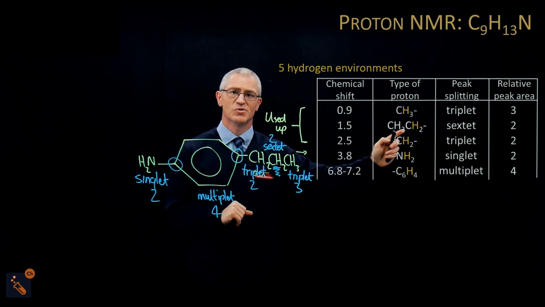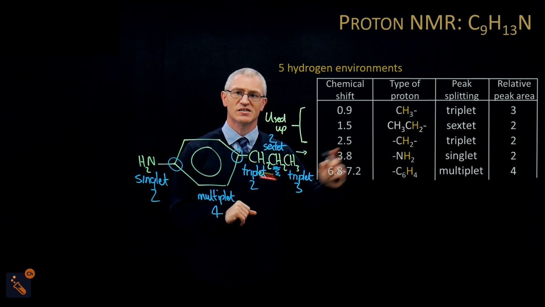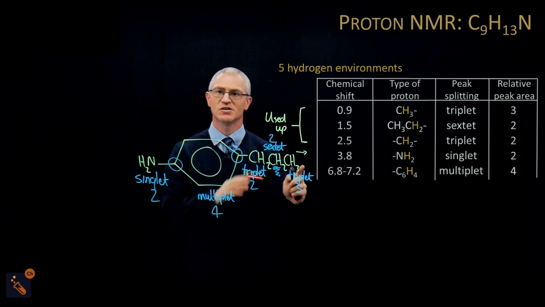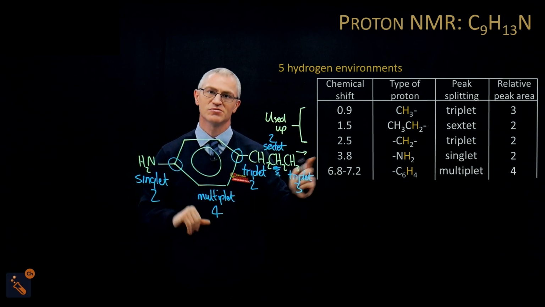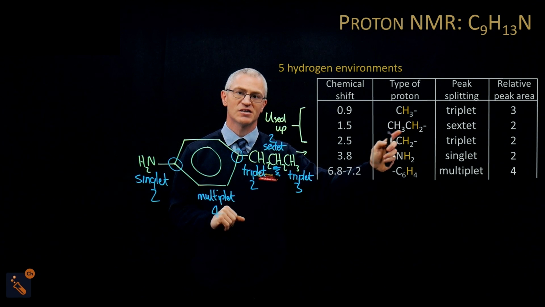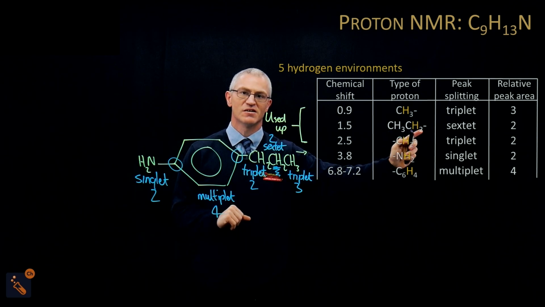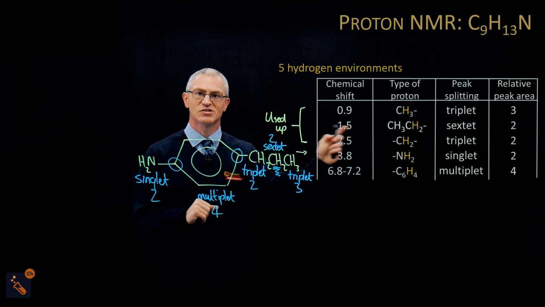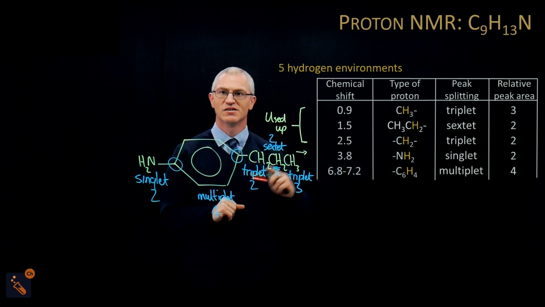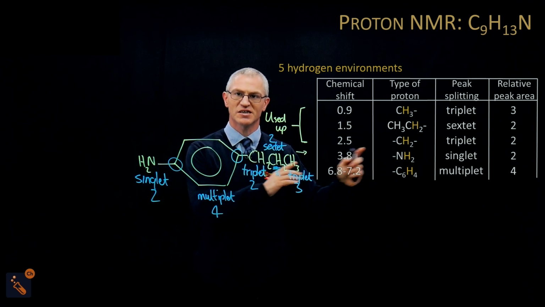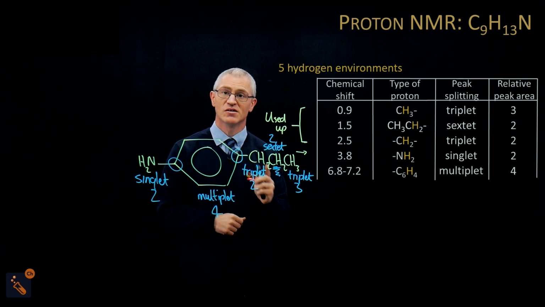So, for example, I know this CH2, the sextet, is next to a CH3. There's no other CH2 here next to a CH3, so I can just put CH3. Notice I haven't highlighted the H there. Okay, this CH3 is next to CH2, and the CH2 is giving the signal. We then go to the next one, and this time I want to do this CH2, this triplet of a 2.